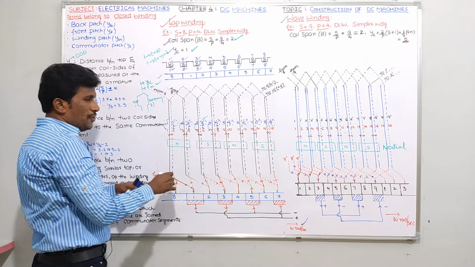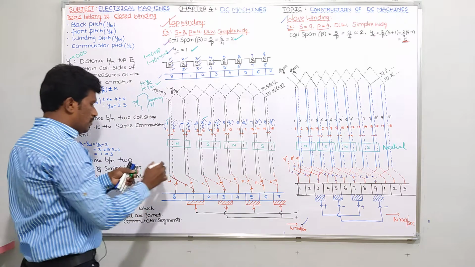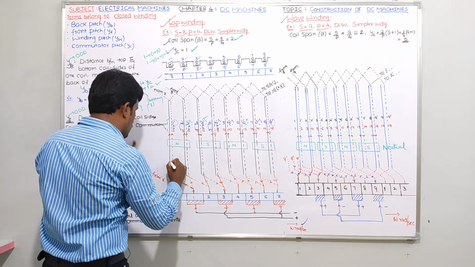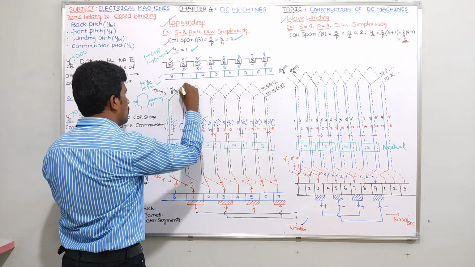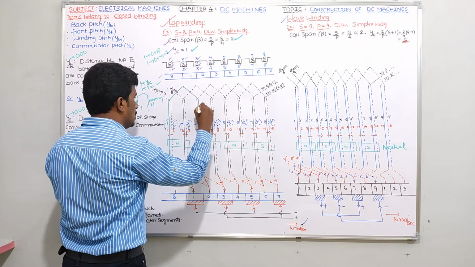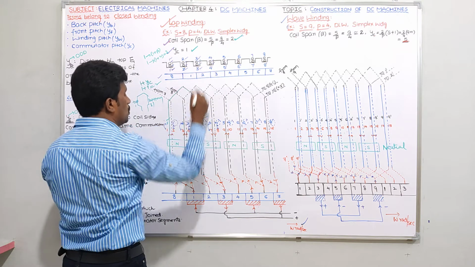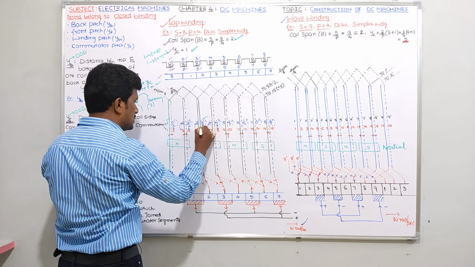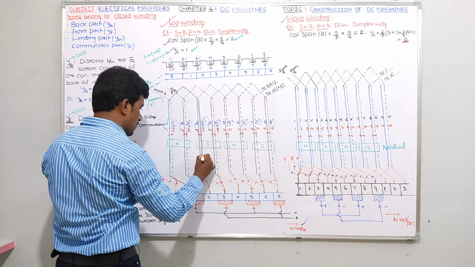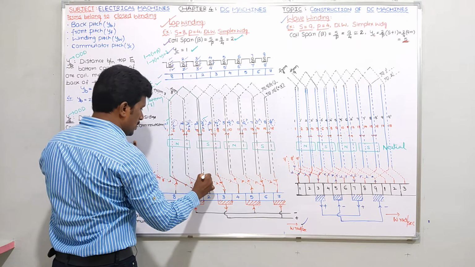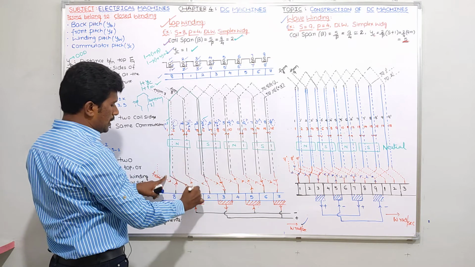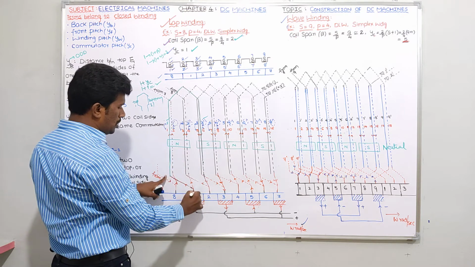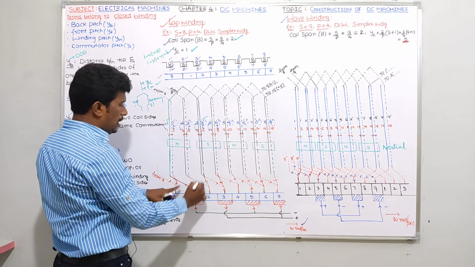That means if you take a coil, let me draw here. This is coil 1, 2. 1 plus coil span 2, 1 plus 2 is 3 dash. If you take this coil, in this coil one coil side, I can say the first conductor, is connected to commutator segment 1 only.